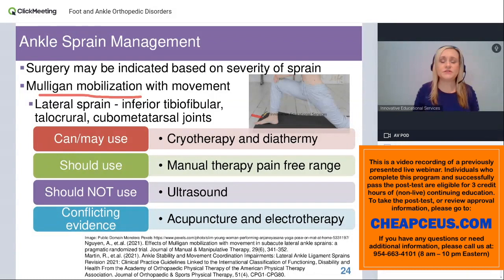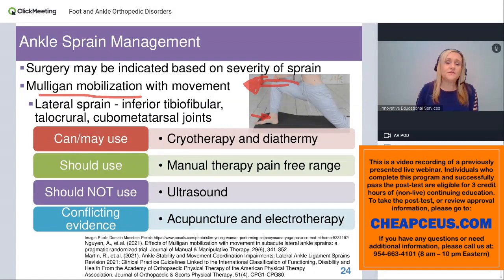So the clinician force is going to be going onto that talus, and then the patient's weight bearing force is going to be moving forward into that lunge position for that Mulligan with movement to work on that specific positional fault. And then you can work in the ranges where your specific patient is having difficulty with their stairs or their sit to stand or in the specific component of their gait cycle.